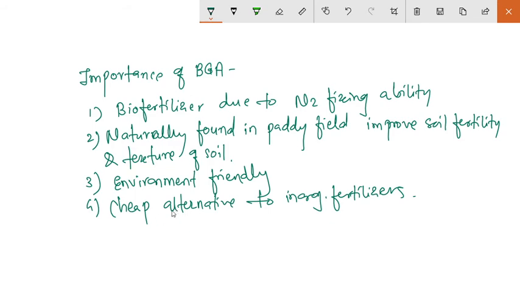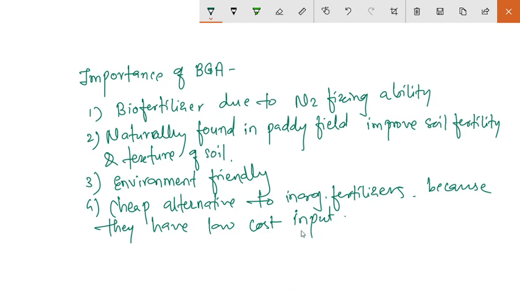Therefore they are the cheap alternative because they have low cost input. Input त्या ठिकाणी कमी असते.